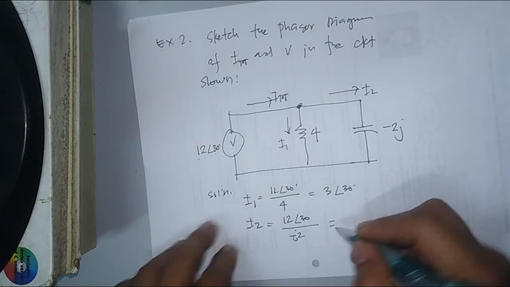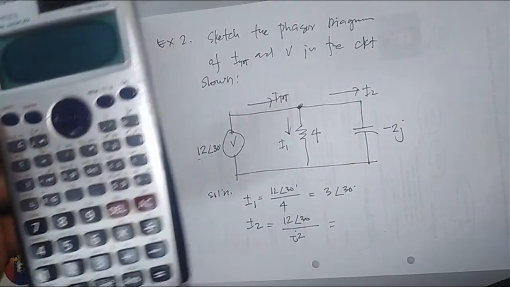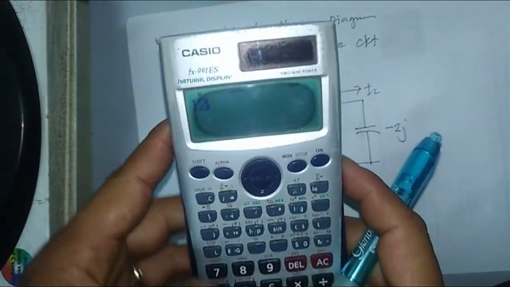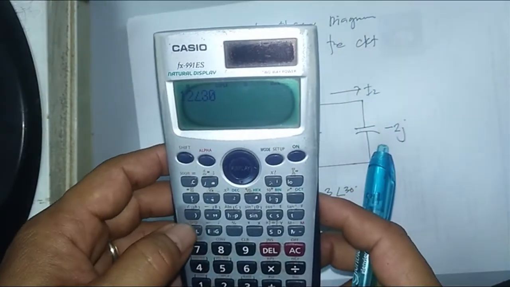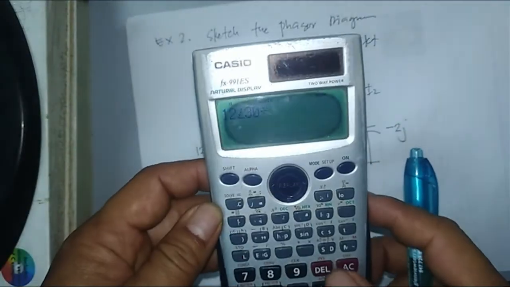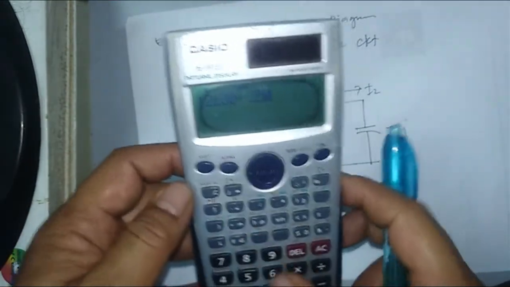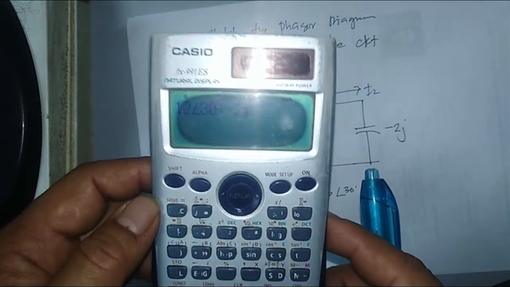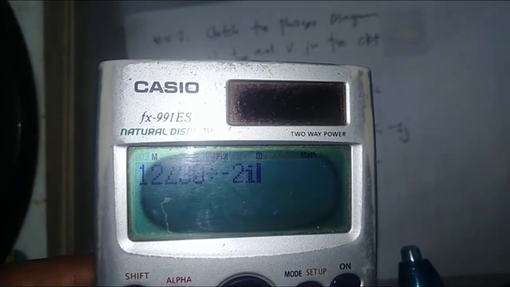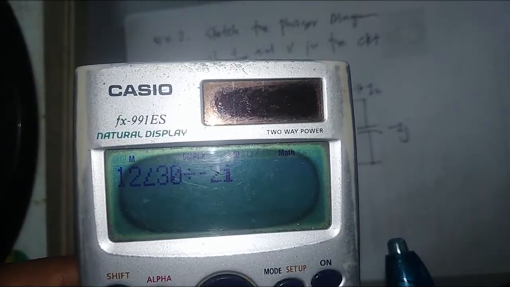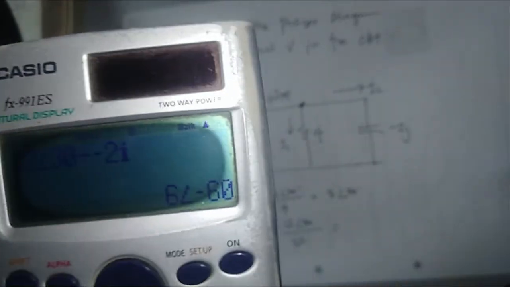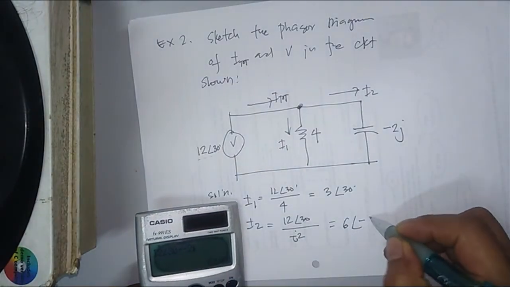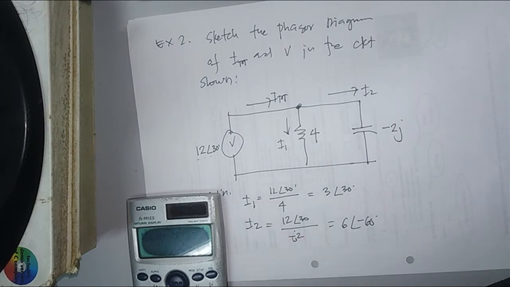So get your calculator and solve for the current. 12 angle 30 degrees divided by minus 2j. Press equal sign and you have 6 angle of negative 60 degrees.